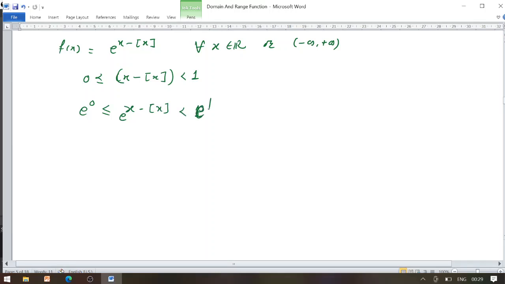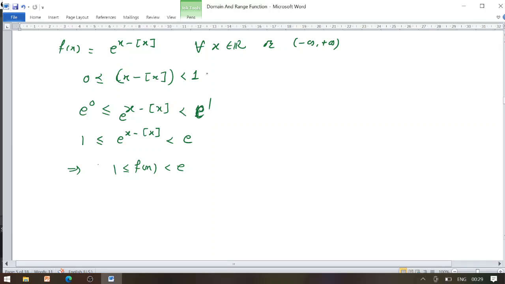Anything to the power 0 becomes a 1, so 1 is less than or equal to e to the power x minus the greatest integer value of x, strictly less than e. So this is the value of f of x: greater than or equal to 1 and simultaneously strictly less than e.